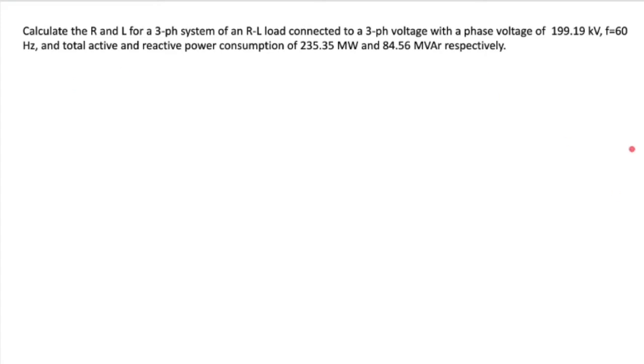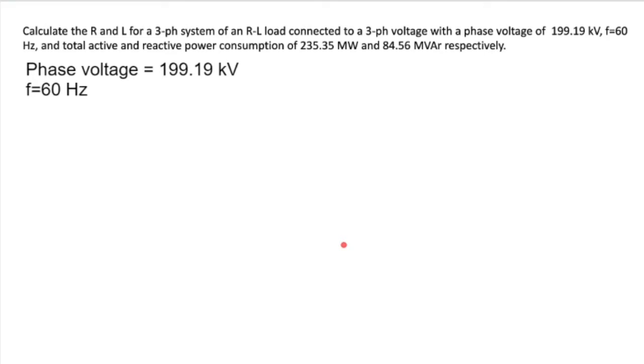So what is the first step? To write down what is given. Phase voltage is 99.9 kV. That is given, right? And then frequency is given, 60 Hertz.